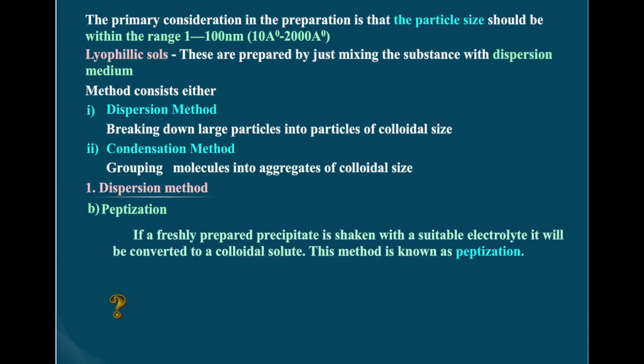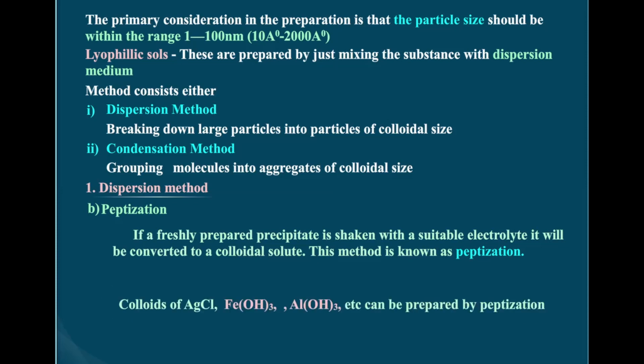It will break into smaller particles of colloidal range. So if a freshly prepared precipitate is shaken with a suitable electrolyte to be converted to a colloidal sol, this method is known as peptization. As I explained for ferric hydroxide, the same is the case for AgCl and aluminium hydroxide. All these can be prepared by the method of peptization.